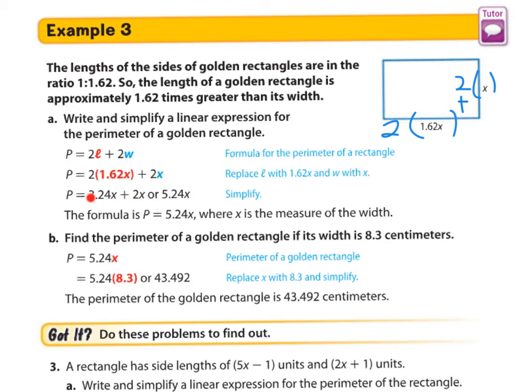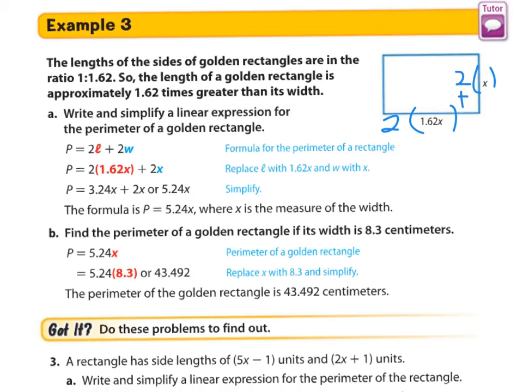Or, when we put it all together, 3.24 plus 2 equals 5.24x. Okay? The formula is perimeter P equals 5.24x, where x is the measure of the width. And then if we were given the measure of the width, we just substitute it in, and we get our entire perimeter. Right? So the perimeter of the golden rectangle is 43.492 centimeters.